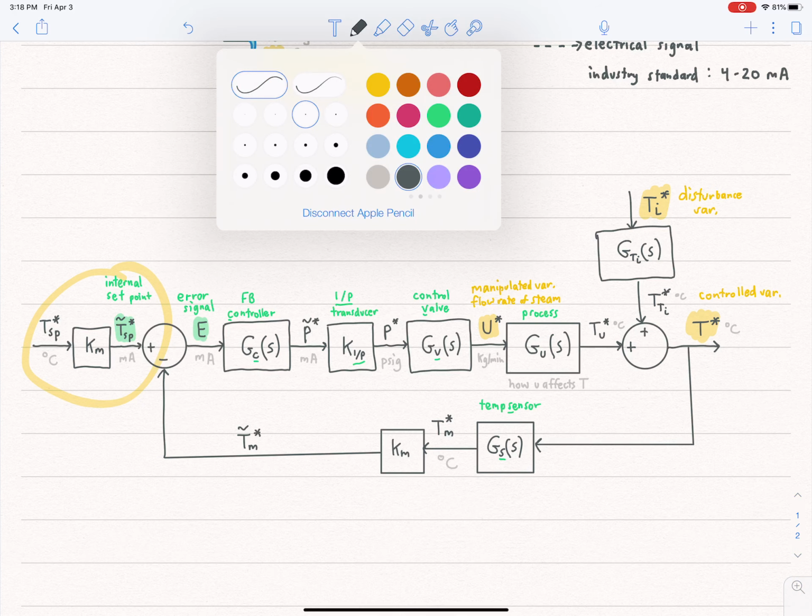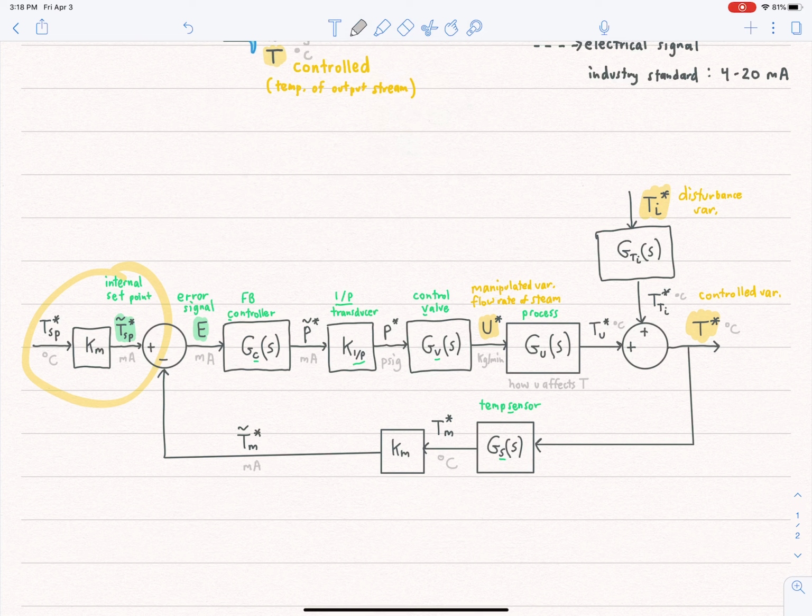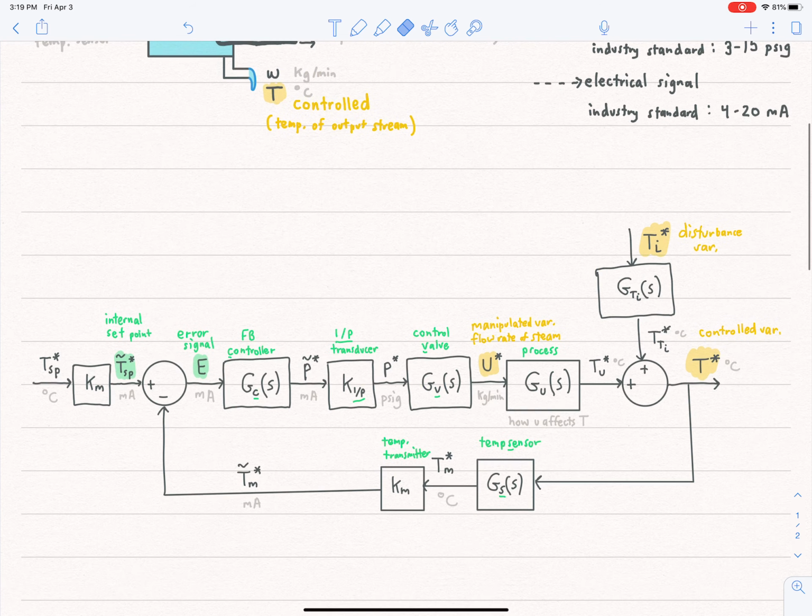That's your milliamp signal. That's in units of milliamp, okay? So this here is your temperature transmitter, because it converts the measured temperature into a milliamp signal to compute the error. And that completes our feedback block diagram for this process.